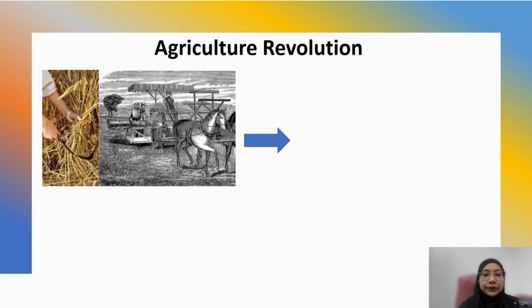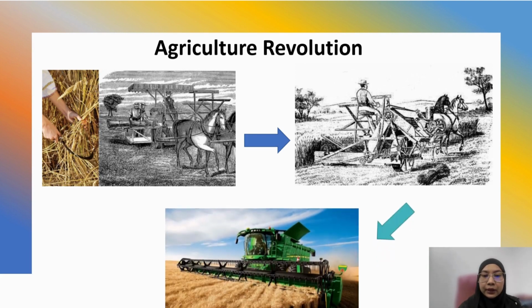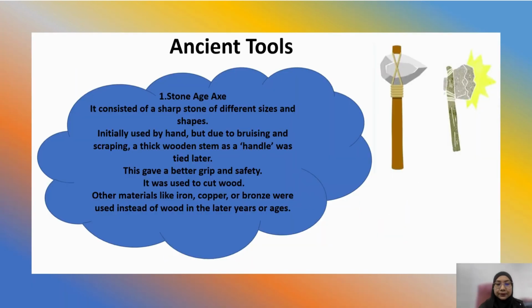This is the agricultural revolution era. Before this they just used stone, and they start to use animals and implements to help in agricultural activities. And now they use tractors connected to technology, and also combine harvesters.